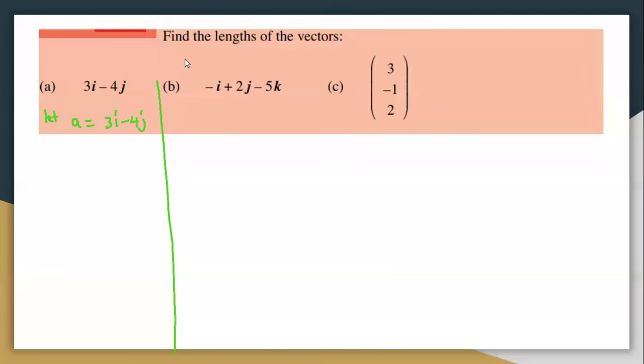Okay, people are getting 5. Very good. Hope no one is finding challenges on that. Now we go to part B.